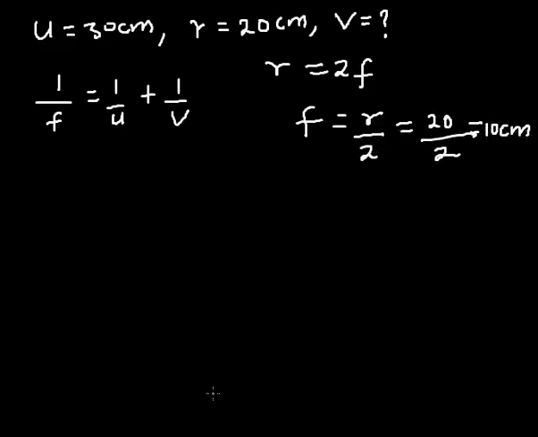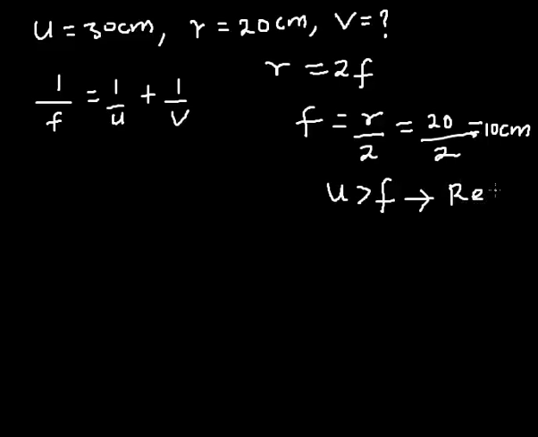Now it is very easy to compare. My focal length is 10 cm, but my object distance is 30 cm. That means the object is beyond the focal length, so my image will definitely be real.